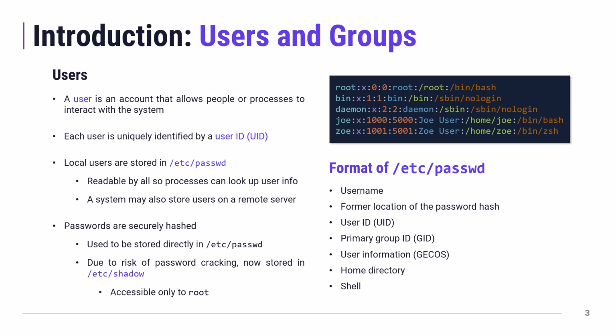So first things first, users. We talked in the first topic in this course about accounts or users. A user is an account that allows either a person or a system entity, a process, to interact with the system. So I can create a user account for you, give you the password, you can log in and work with the system.